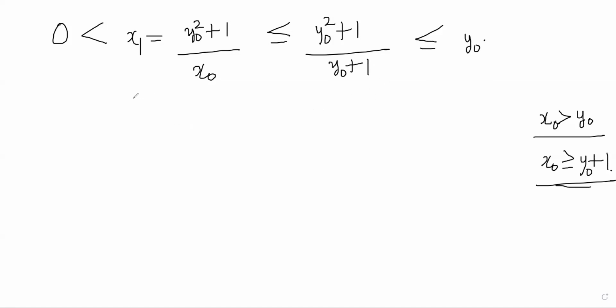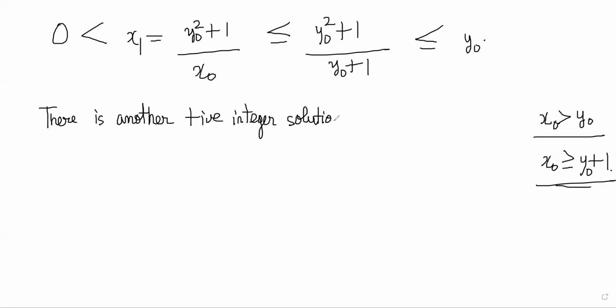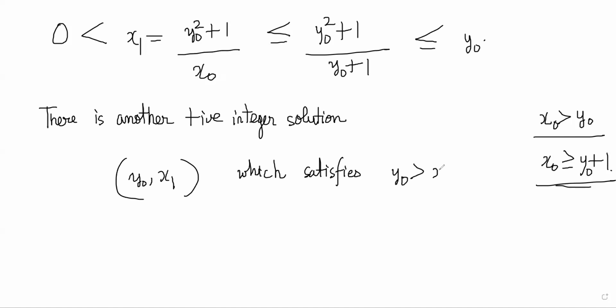So what we are getting is that there is another positive integer solution (y0, x1), which satisfies y0 is greater than x1.